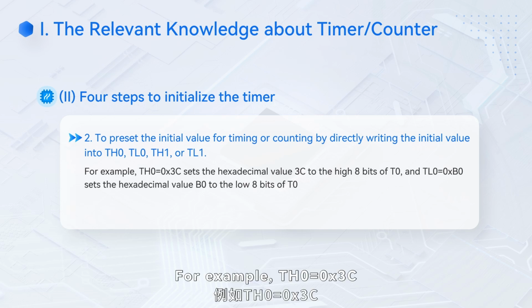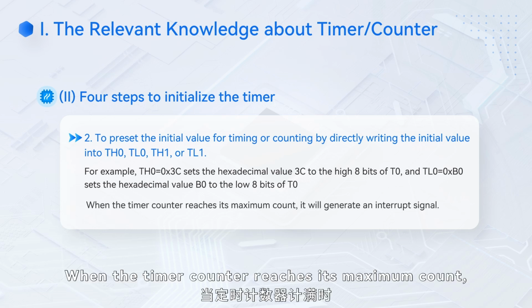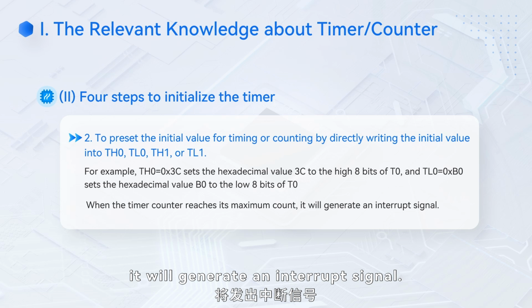For example, TH0 = 0x3c sets the hexadecimal value 3c to the high 8 bits of T0, and TL0 = 0xb0 sets the hexadecimal value b0 to the low 8 bits of T0. When the timer counter reaches its maximum count, it will generate an interrupt signal.